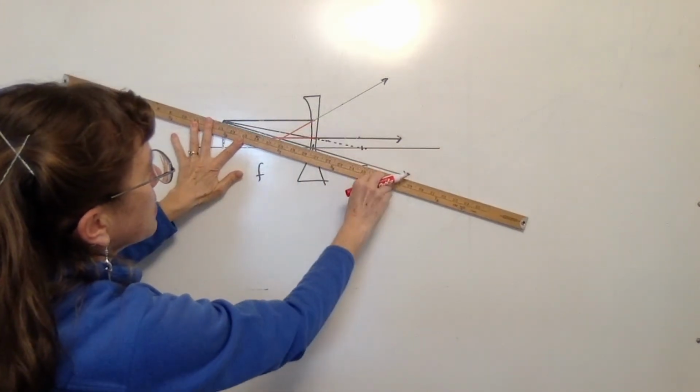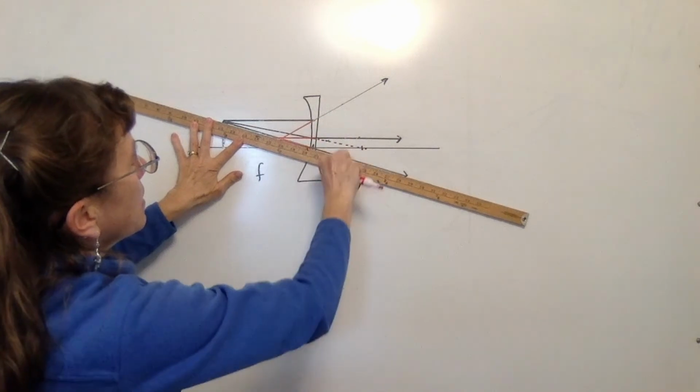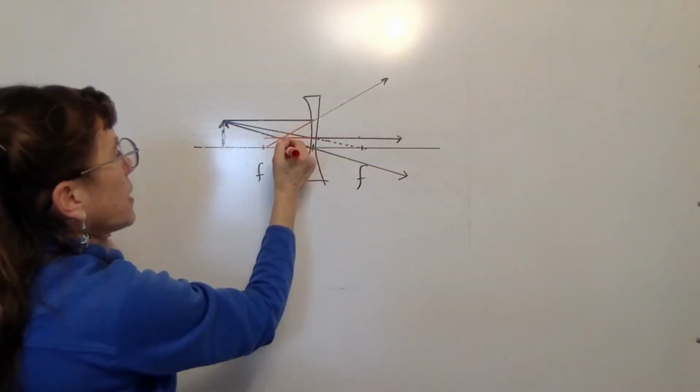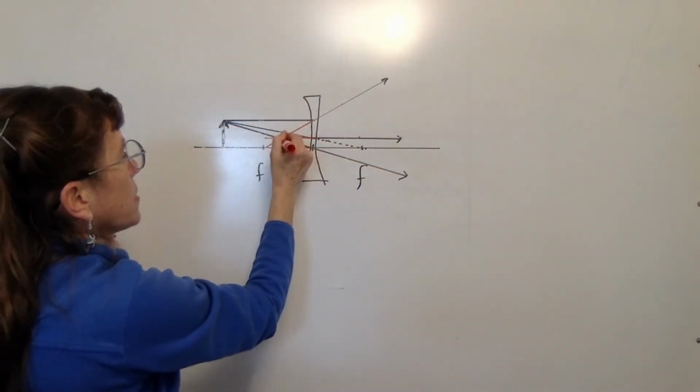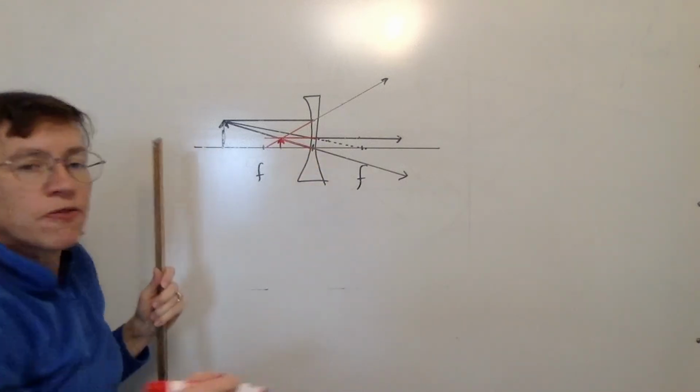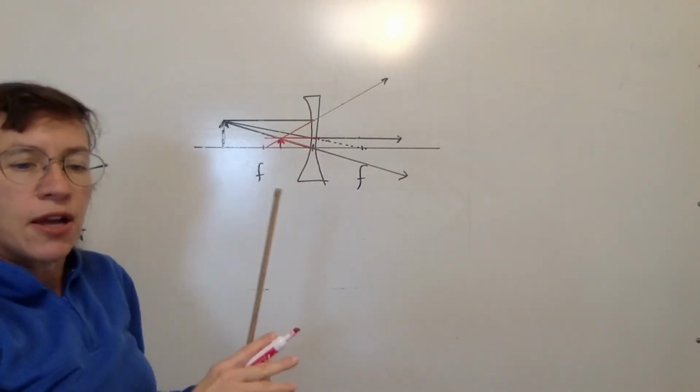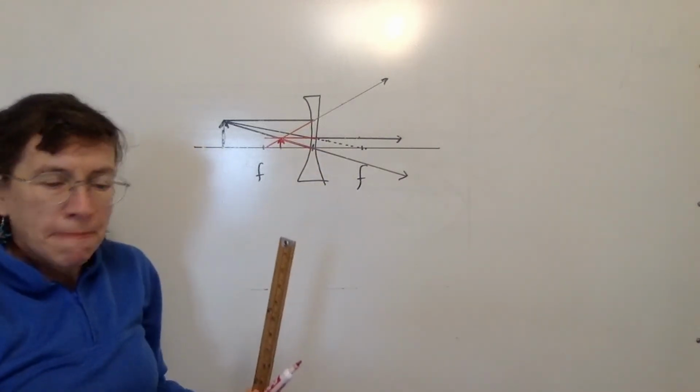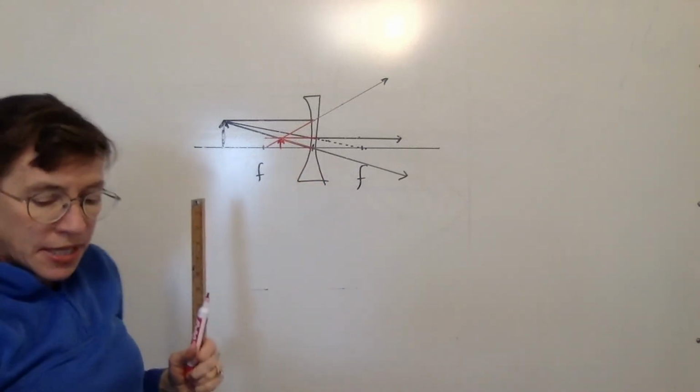This one's straight, so this is going to be the exact same line. So then you're going to have a smaller image right here. So those diverging lenses form images that are smaller than the object. So this is for a diverging lens.